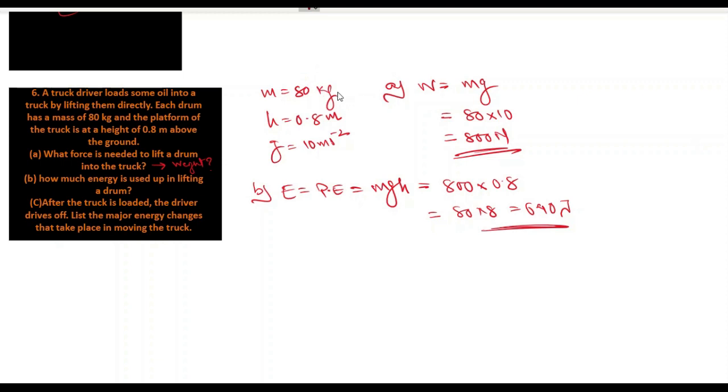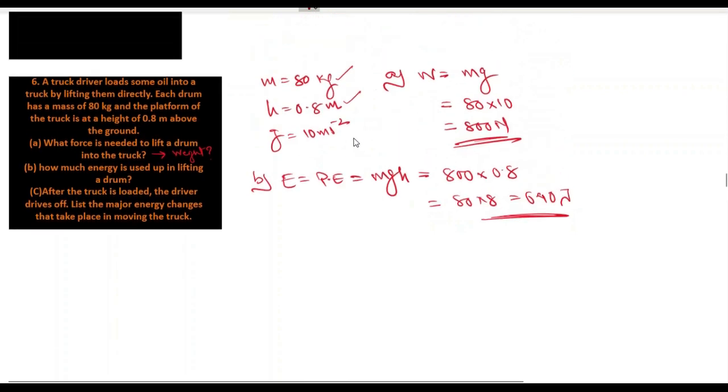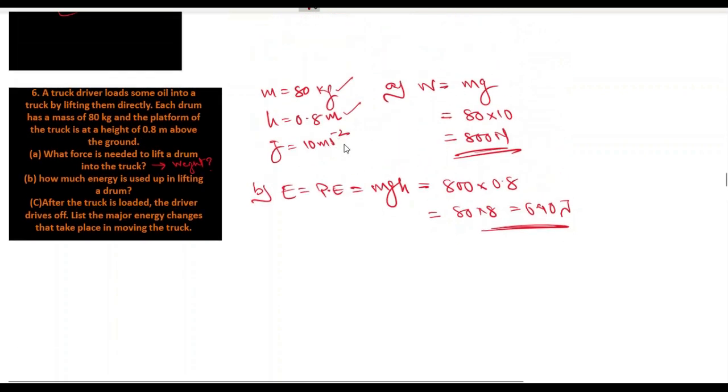Acceleration due to gravity is given as 10 meter per second square. What we need to find is the force required to lift a drum into the truck, that is the weight. So weight is equal to m into g, that is 80 into 10, that is 800 Newton.